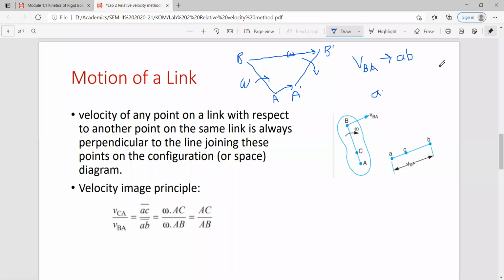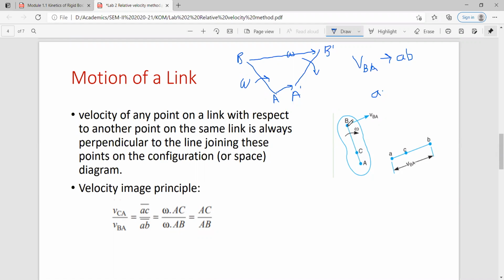But we have to decide the direction, in which direction point B is moving with respect to point A. Now you see this particular configuration, that point B and point A both are on the same link, right? Yes, sir.